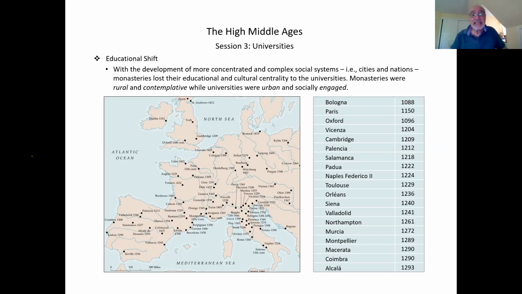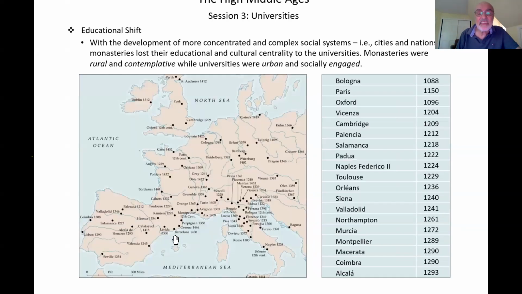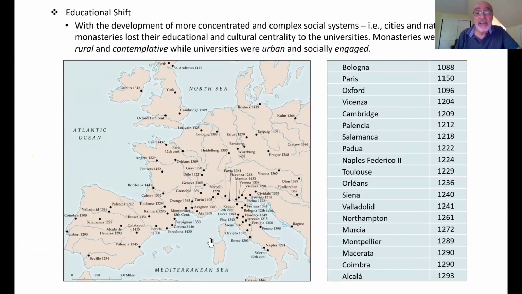Now, in this map, which is much more detailed than that other little one, you see that there were universities popping up all over the place, and they were not usually associated with church centers, but they were often in major cities, which were also major church cities at the same time.